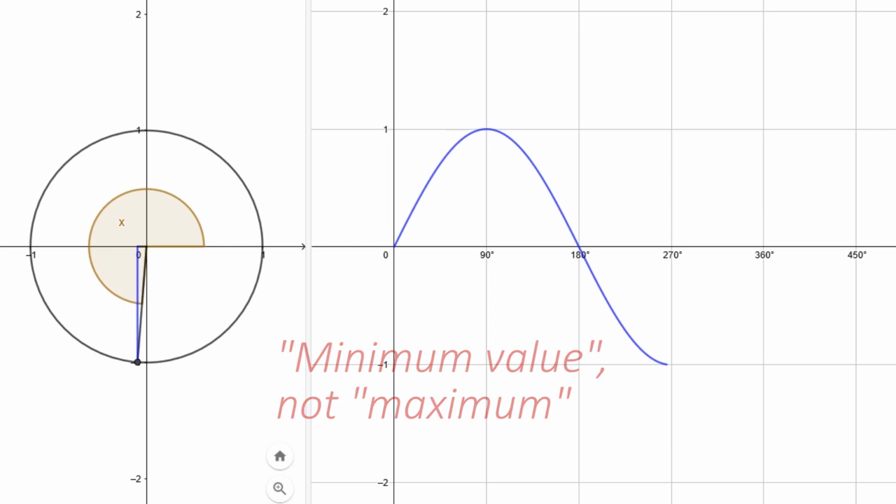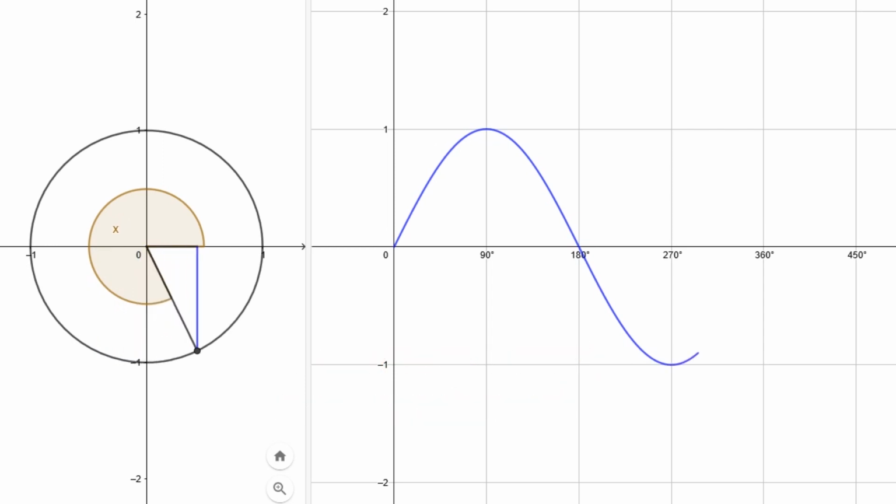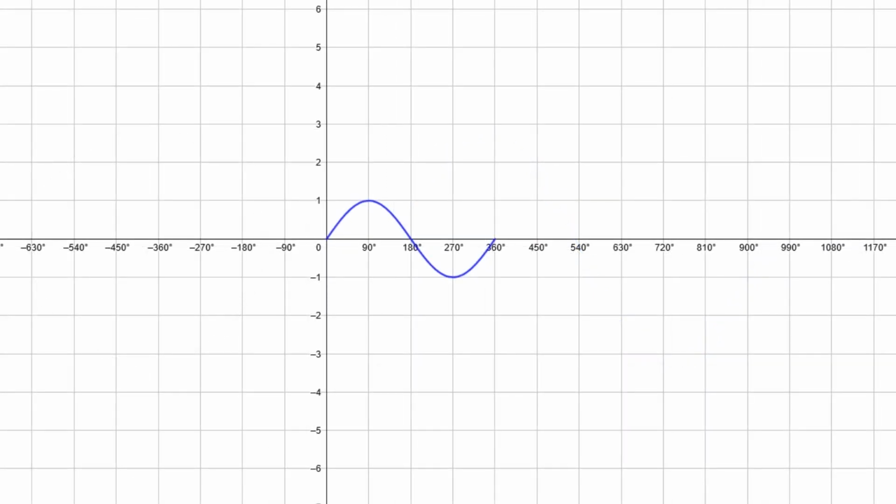If we now allow that angle to increase to 360, the curve completes back to a value of 0 when we get to 360. So for angles in between 0 degrees and 360 degrees, this is a graph of sine x. Here is that same graph, but zoomed out so we can see a larger range of values for x.